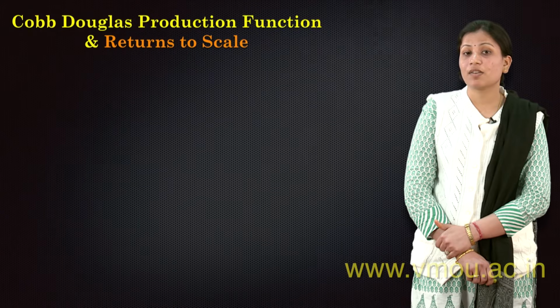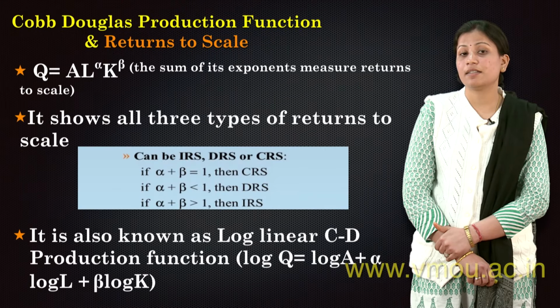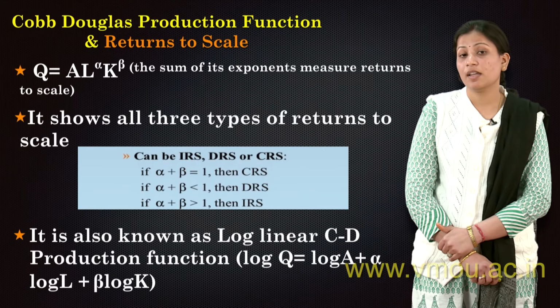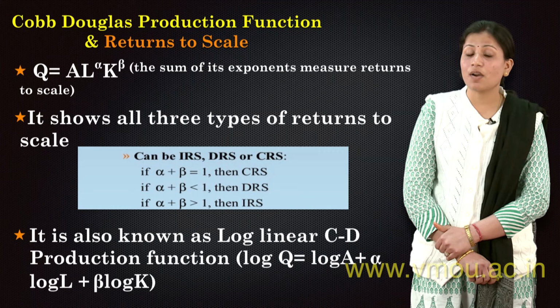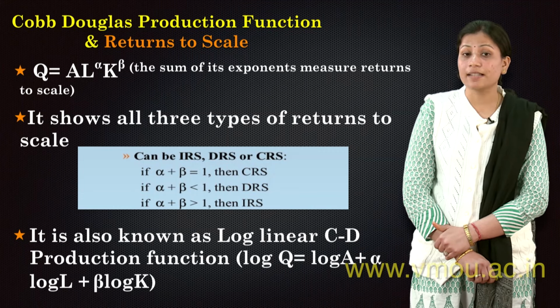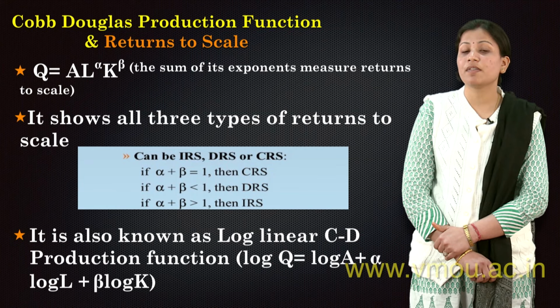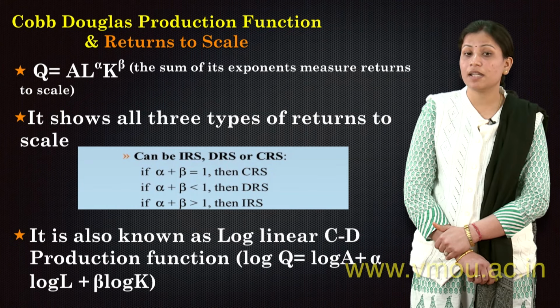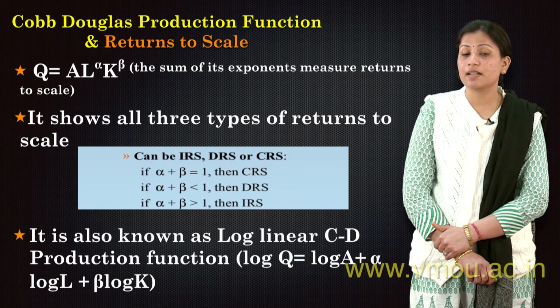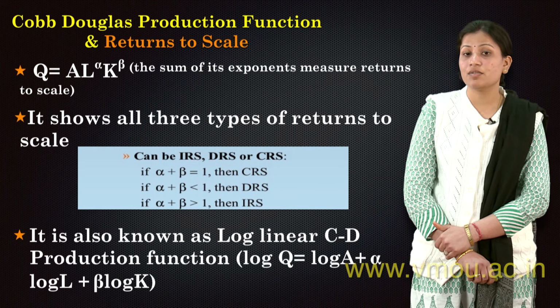The next feature of the Cobb-Douglas production function is with respect to its returns to scale. This is the only production function which exhibits all three types of returns to scale, whether increasing returns, decreasing returns or constant returns to scale.